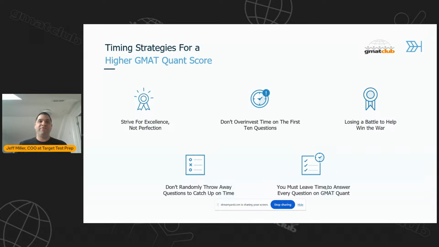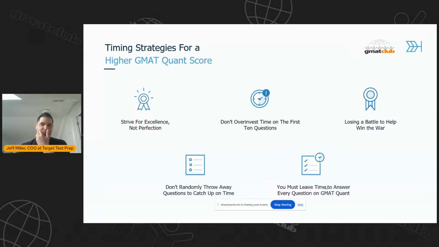But remember, if you're at your peak performance level when you get to the GMAT, a lot of these things shouldn't happen anyway. And you should be in a position to successfully deal with these questions and not have to overthink how you deal with the first 5 or how you play catch up on the back end of the test.